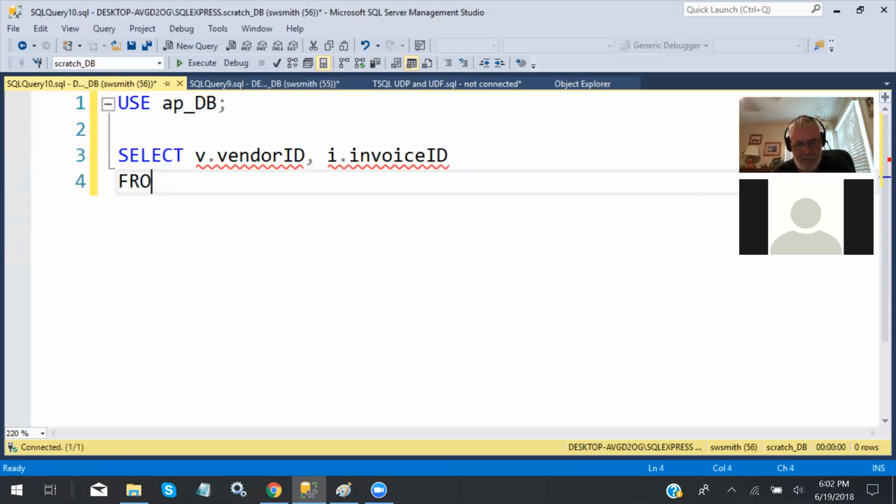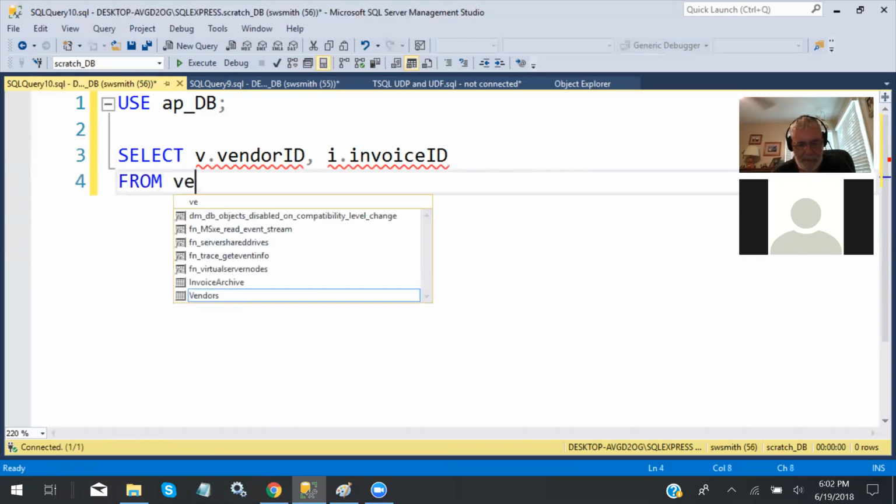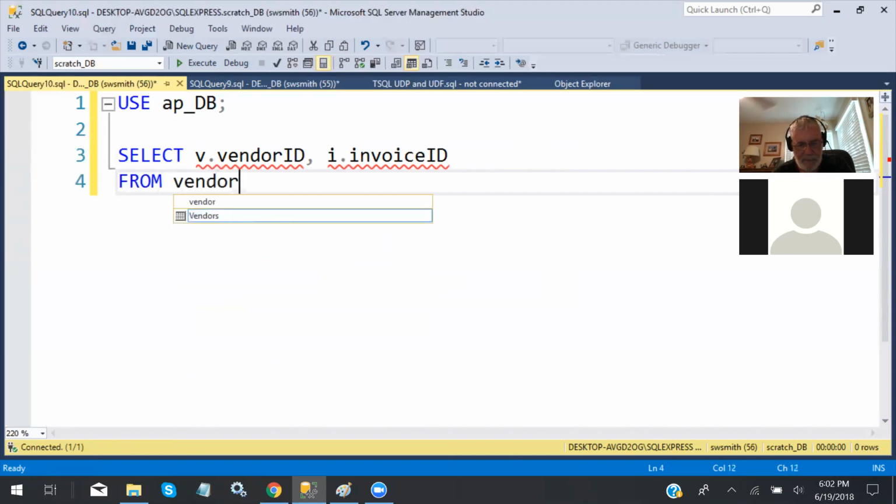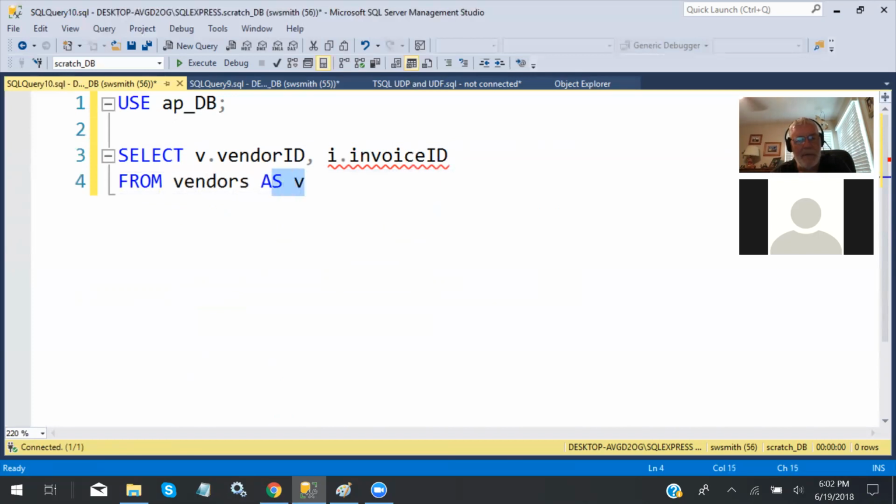from vendors as V. It's always nice to rename them. So vendors as V, I don't have to.